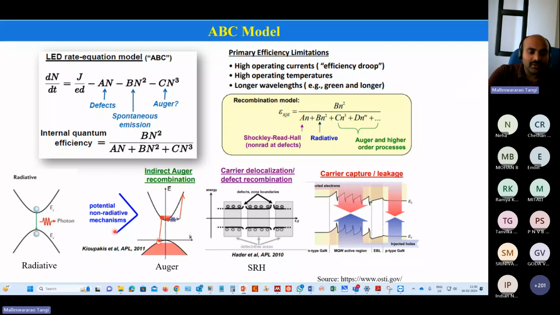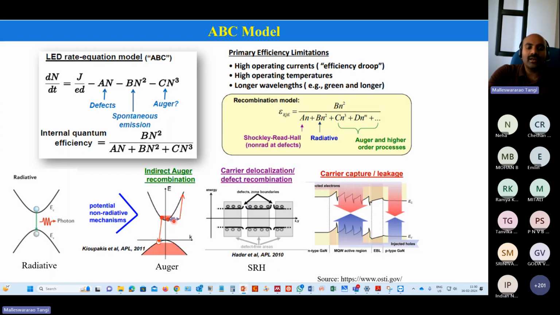Importantly, these non-radiative recombination mechanisms are Auger and Shockley-Read-Hall recombinations. In Auger recombination, the energy from the primary recombination between electron and hole is utilized for intraband transitions.